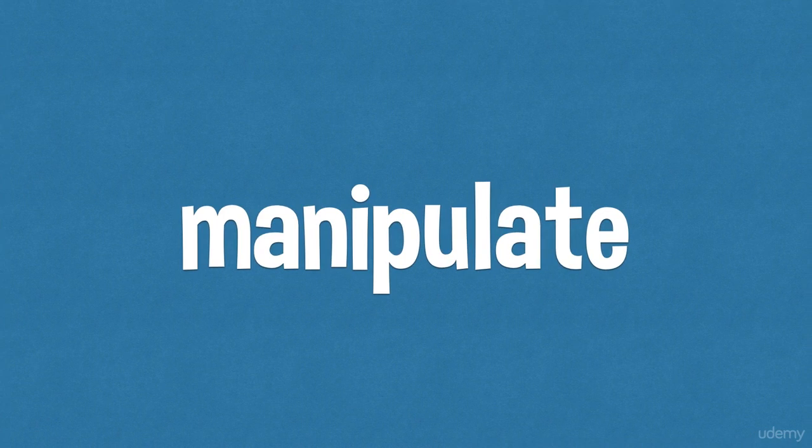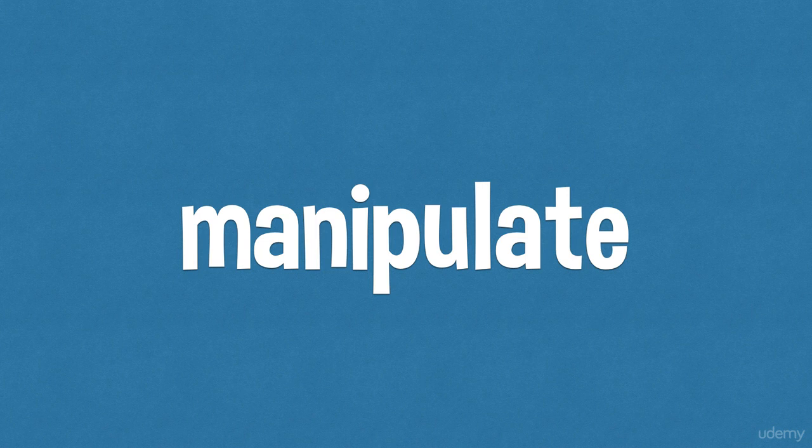Manipulate. The general meaning of manipulate suggests control of some kind, either of people or objects. So when you say that someone is manipulating an event or a situation, you disapprove of what they're doing because the person is trying to change the event for their own benefit.